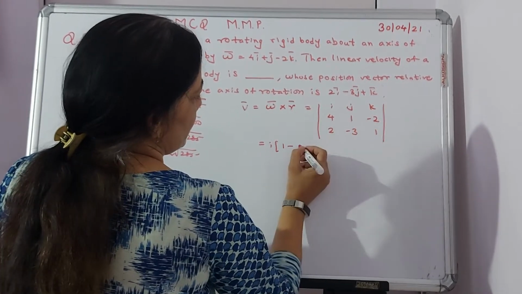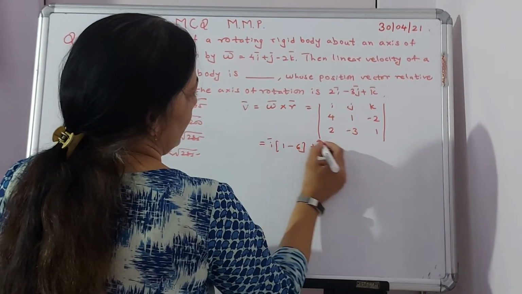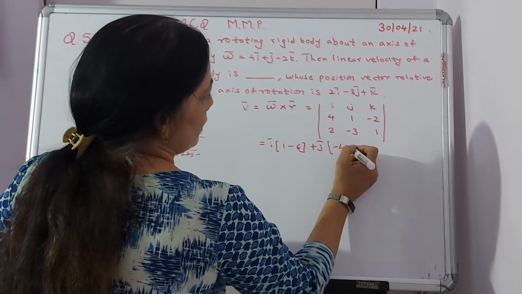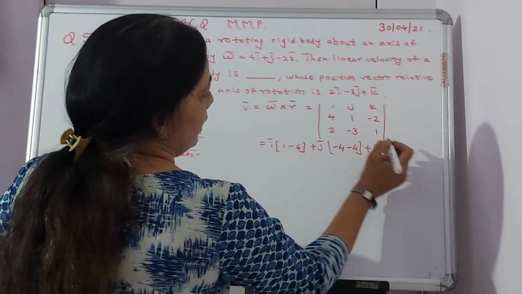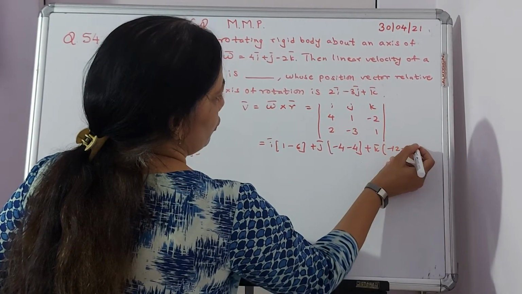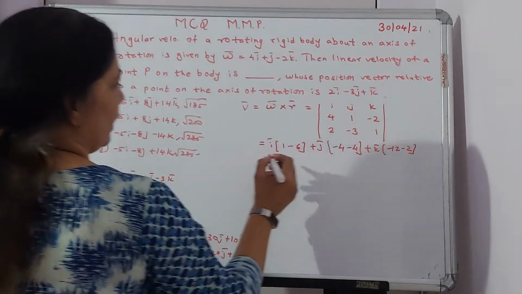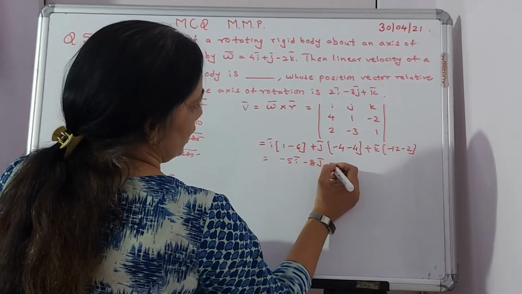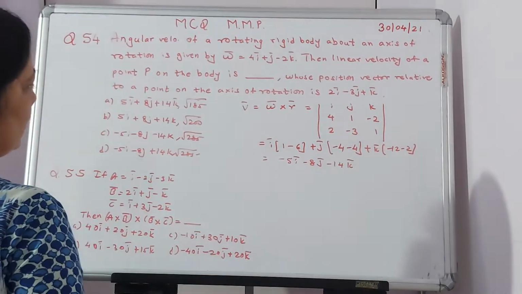This is plus 6, so we'll have to make it minus. Plus j, I'll do this minus 4, correct, minus 4 and plus k times minus 12 minus 2, correct. So this is going to give me minus 5i minus 8j and minus 14k, correct.